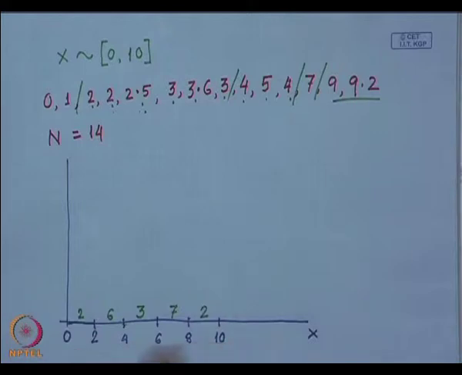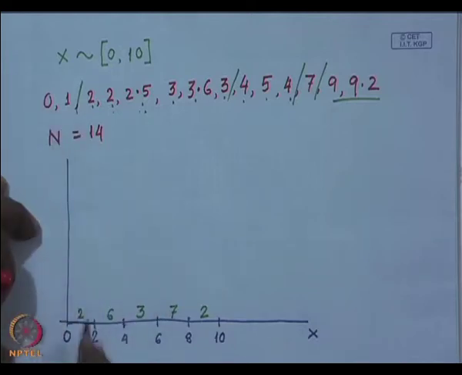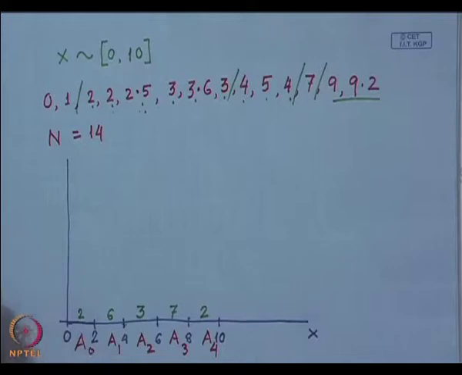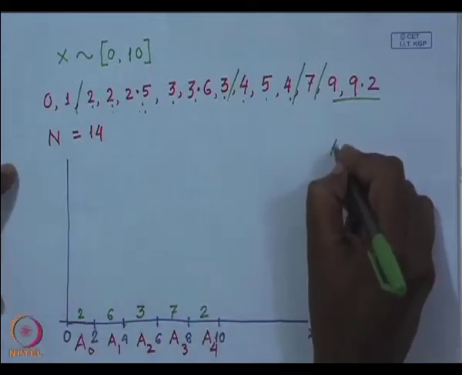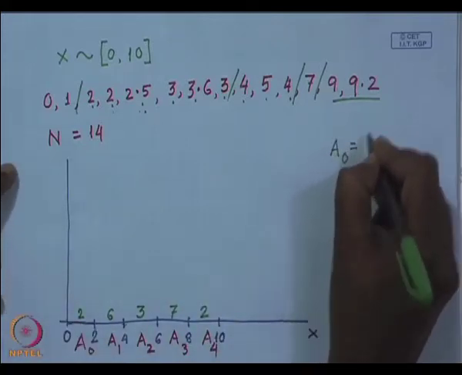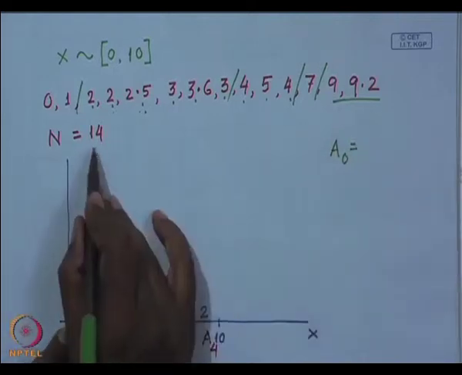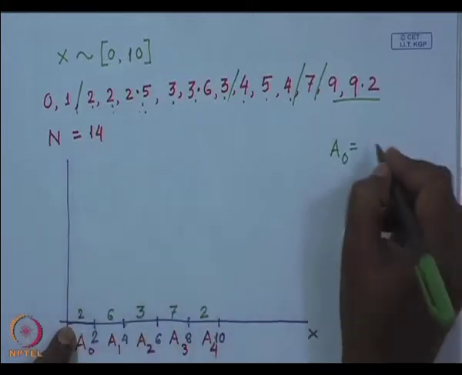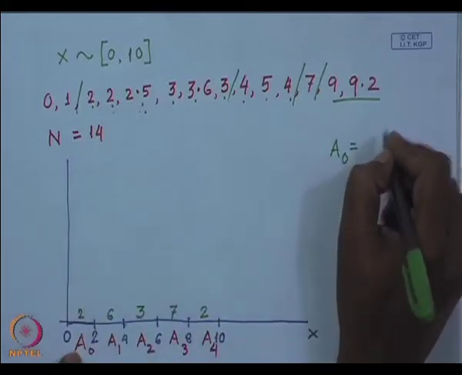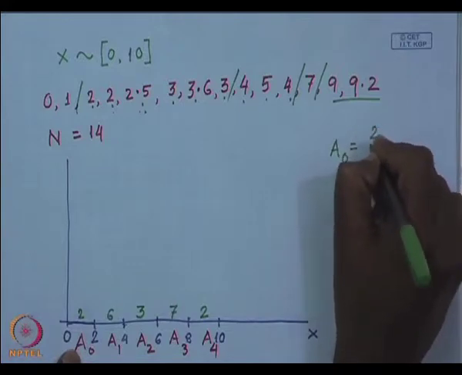So, now if I compute the areas, I call this area A 0, this area 1, this area 2, this area 3 and this one area 4. So, the value of A 0 will be equal to the number of samples falling in this 0th bin, which is 2, and I have a total number of samples equal to 14. So, the area under the 0th bin will be 2 by 14.